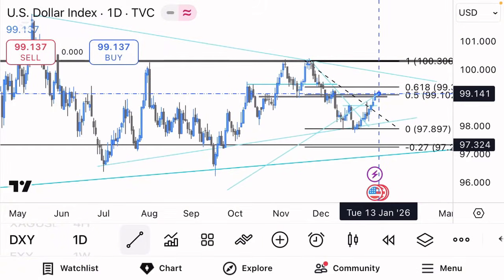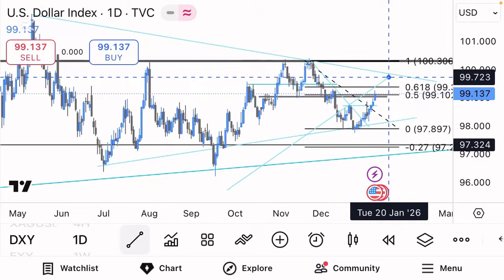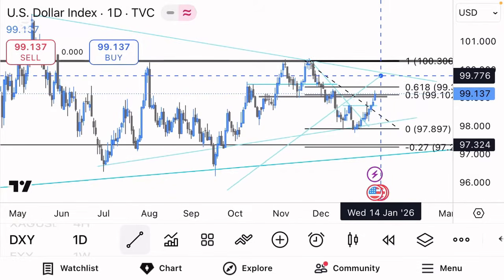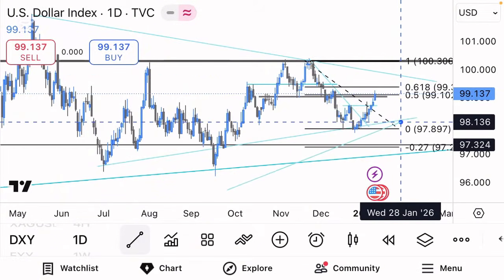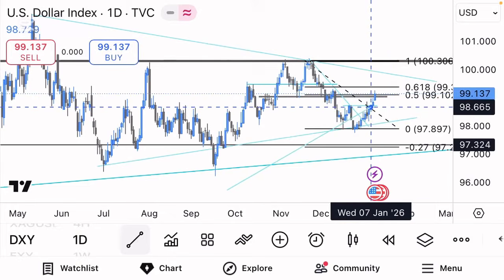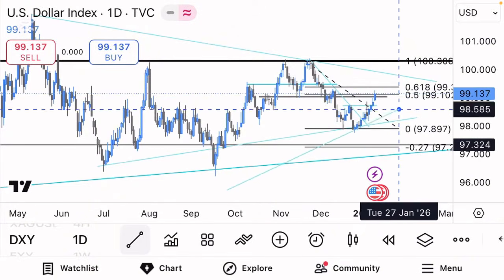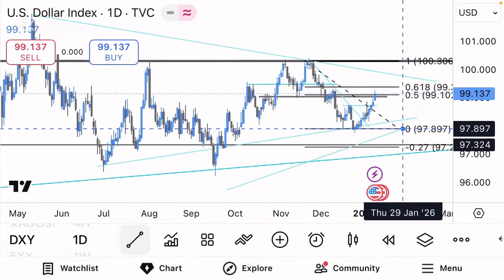So now at this level, anything can happen. We can decide to break above this level to come for this retest before we head back down bearish, and we can actually decide to reject off of this level and start trading back down bearish.